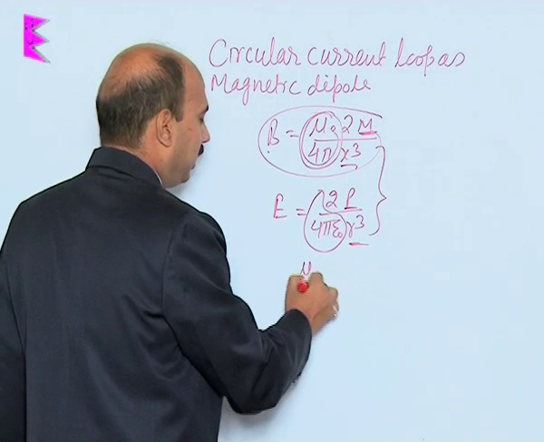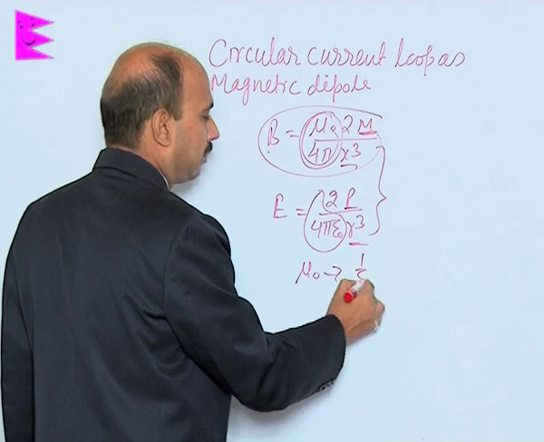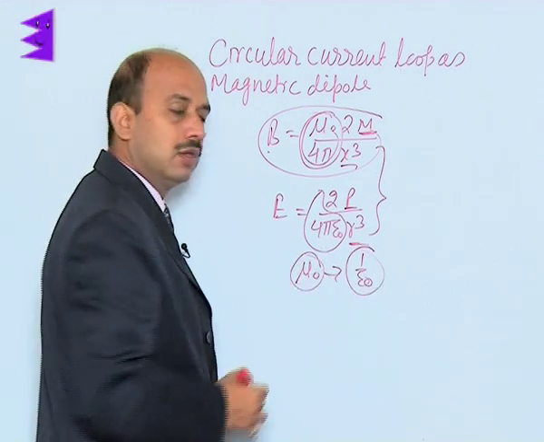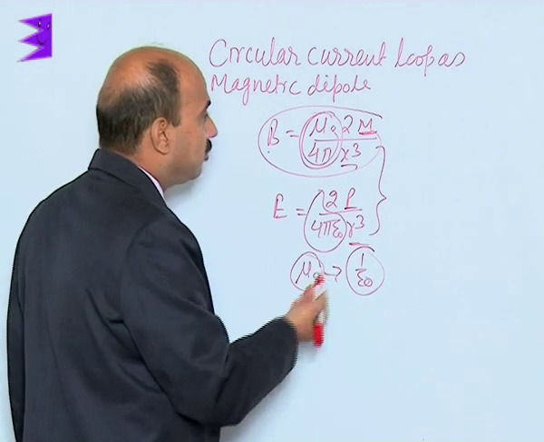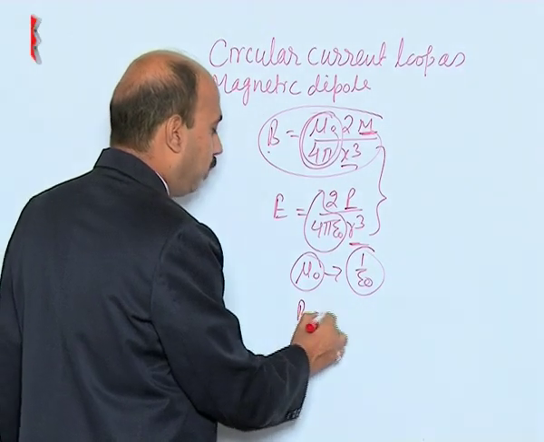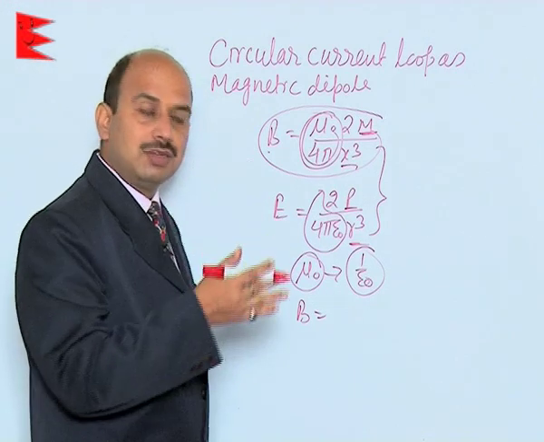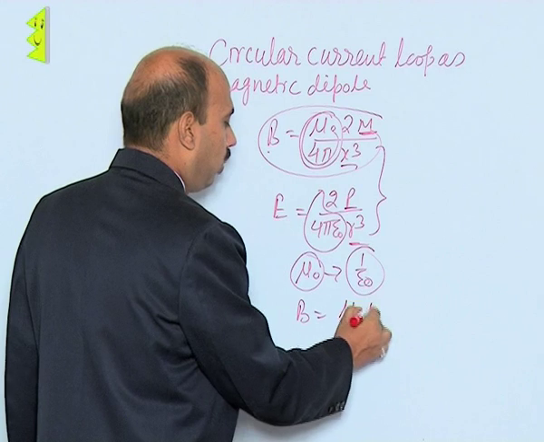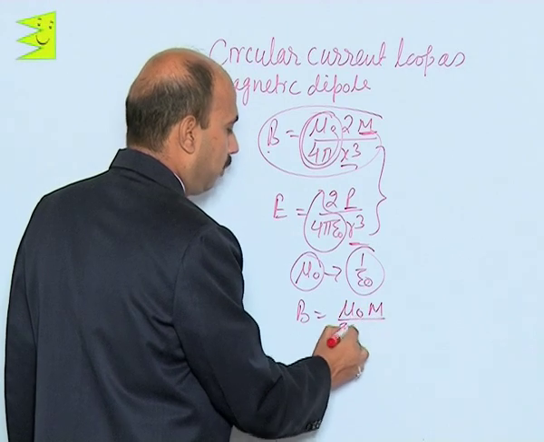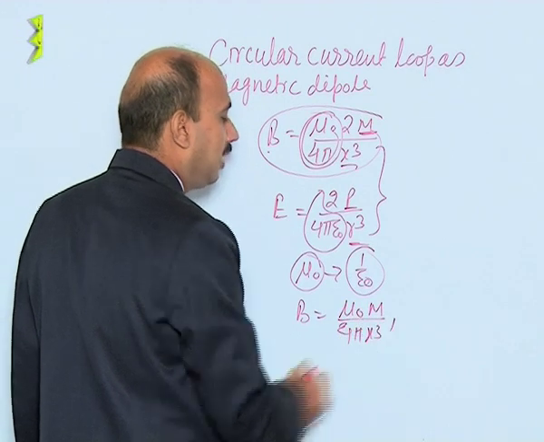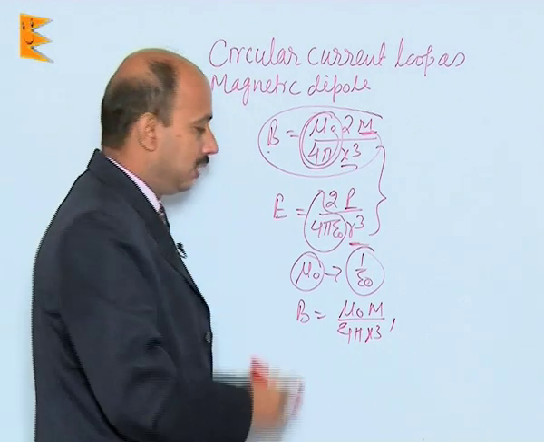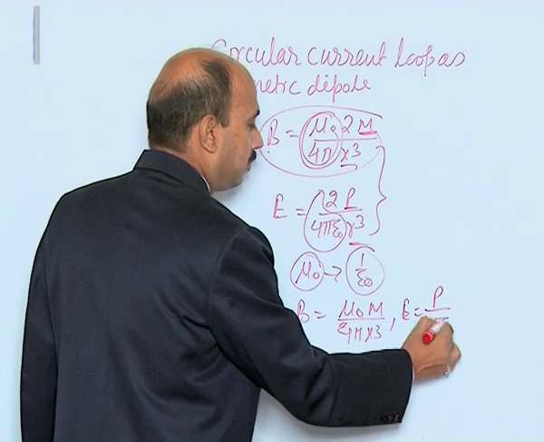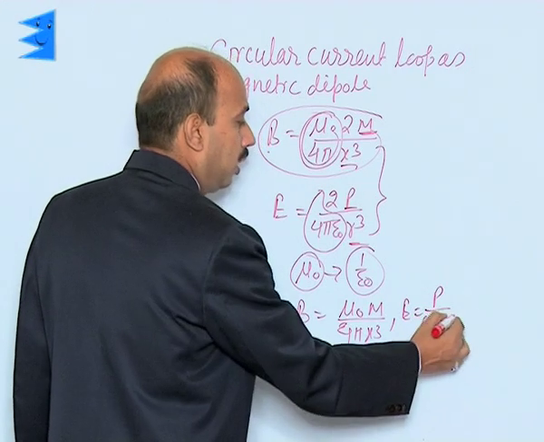Here mu naught tends to play the role of 1 upon epsilon naught. Whatever is the role of mu naught here, that is the role of 1 upon epsilon naught. Similarly, we can show that the magnetic field at a point on the perpendicular bisector of the magnetic dipole is mu naught M upon 4 pi x cube, whereas at the equatorial line of the electric dipole we have already done E is equal to P upon 4 pi epsilon naught r cube.